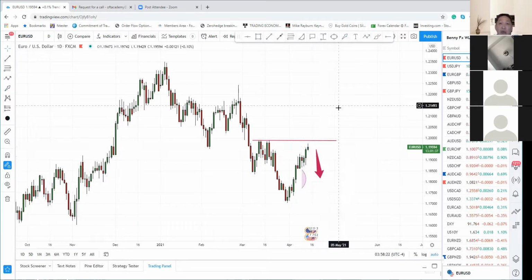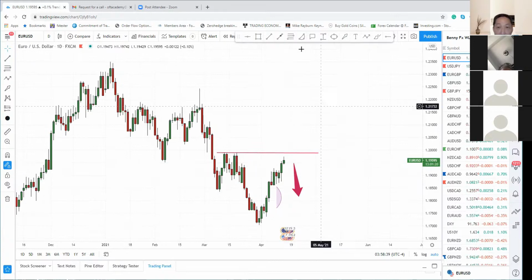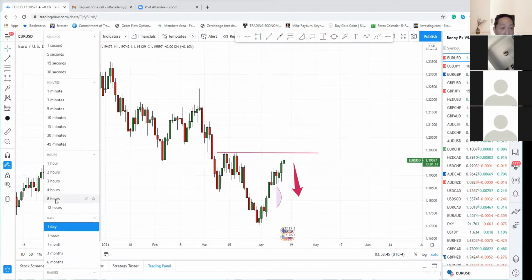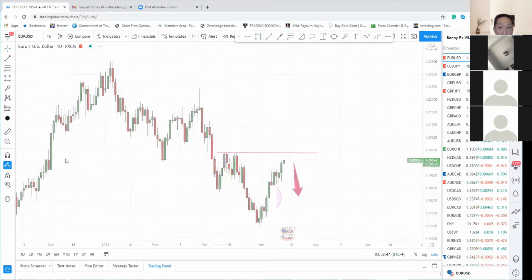That's the reason why we use the distribution and accumulation patterns. If we see there's a distribution, chances are it's going down. If we see there's an accumulation, chances are it's going up. So if we see the price come to this level, which I just showed you on the 1 hour time frame, that is where I'm interested to go long.